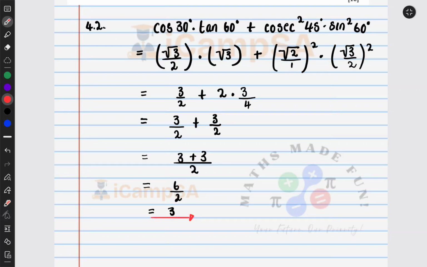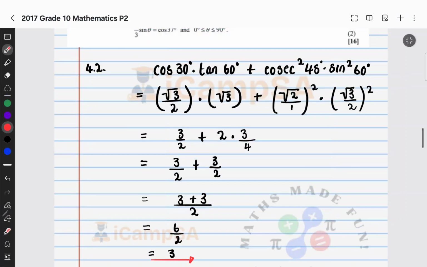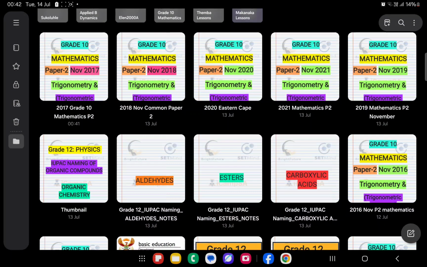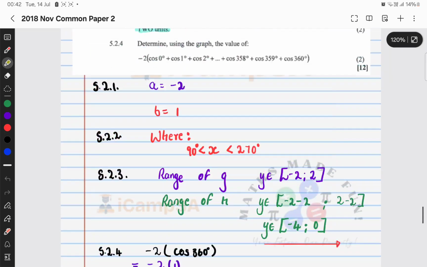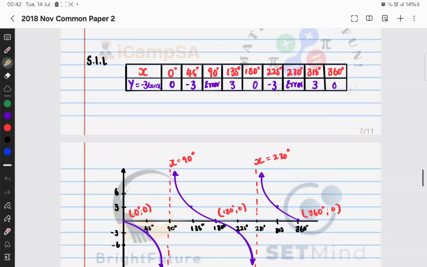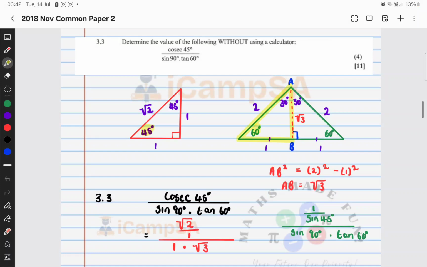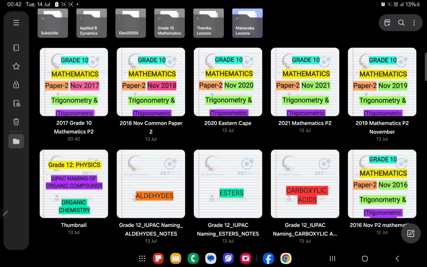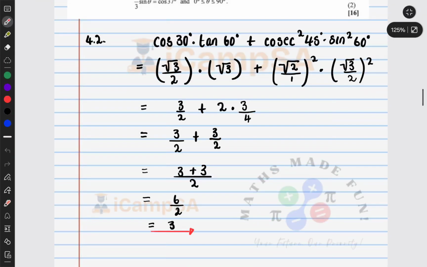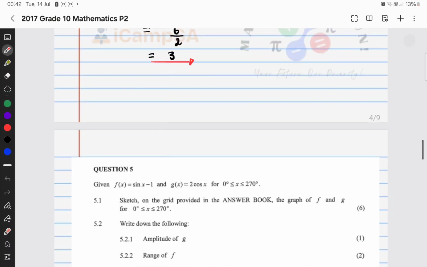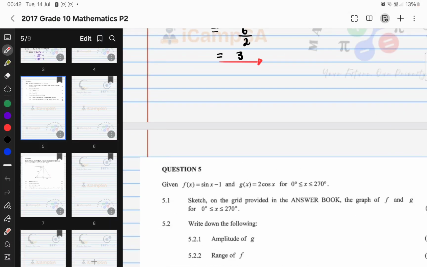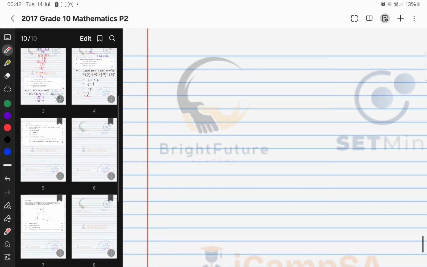If you are a little bit confused about this, here are the triangles that we use when dealing with special angles. If you have already been introduced to the fan method, you are also welcome to use it when working with the special angles.